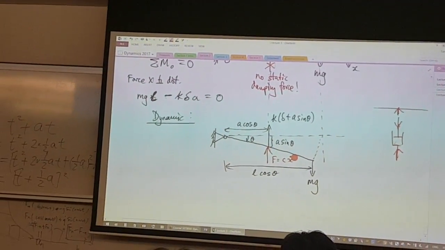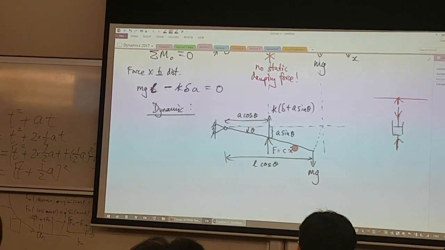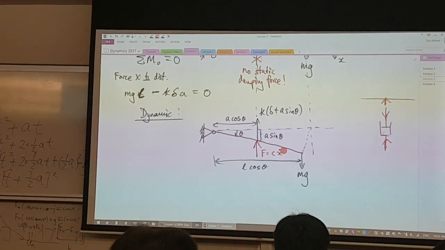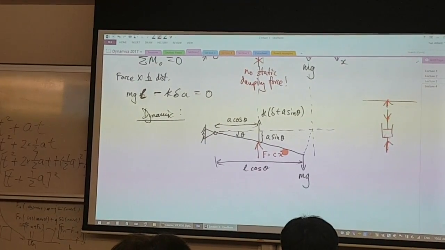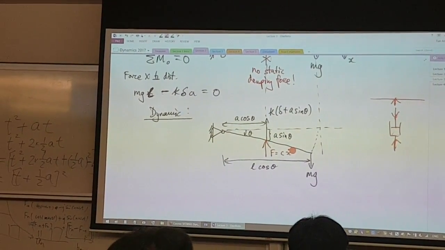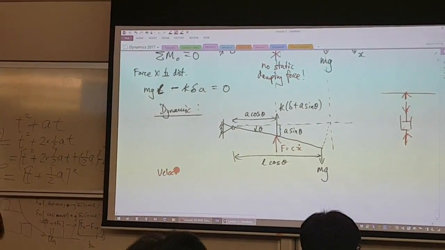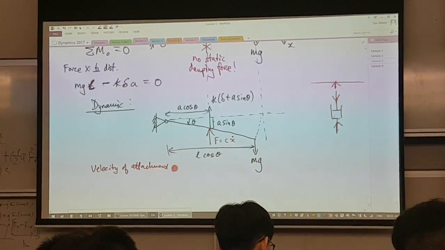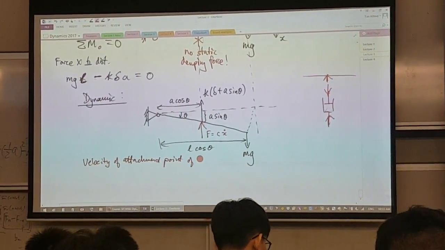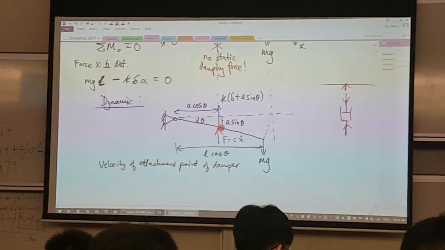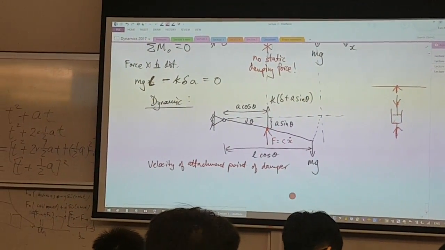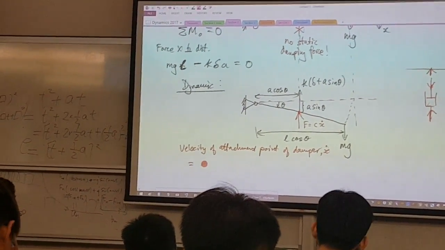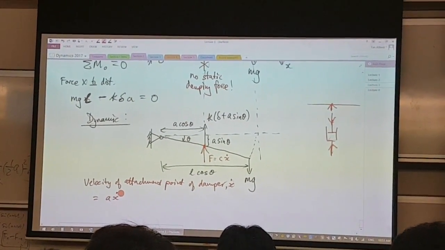But we can't use x dot in our case, because x dot is for linear, translational motion. This is a rotary one. So what we need to do is that the velocity of the attachment point of this damper, that x dot over there, is actually equal to a theta dot.